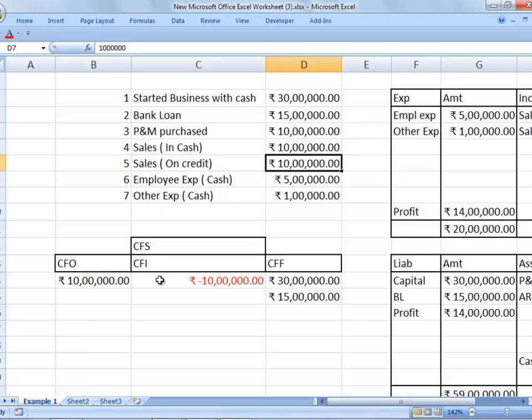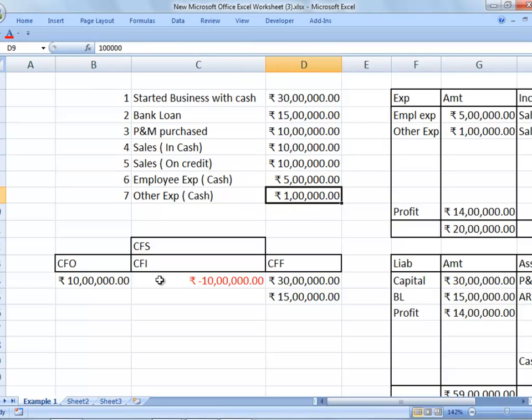Have I received this 10 lakhs? No, I have not. So should I show it? No, I will not. Why? Because it is a non-cash item. We have not received this 10 lakhs in cash, so we are not going to worry about it. We are going to completely ignore it. So I don't do anything about sales on credit in my cash flow statement as of now.